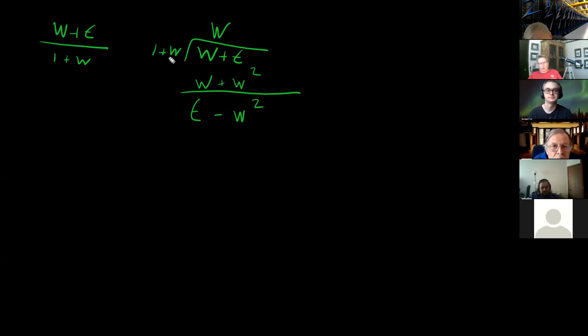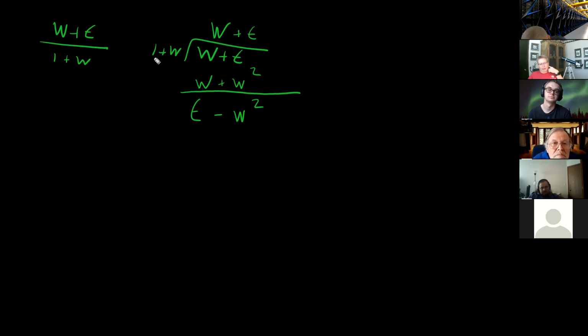How many times does 1 plus W go into W plus epsilon? W. W times 1 is W, plus W times W, which is W squared. Then I subtract it. W minus W is 0, and I get epsilon minus W squared. How many times does 1 plus W go into this? Epsilon.